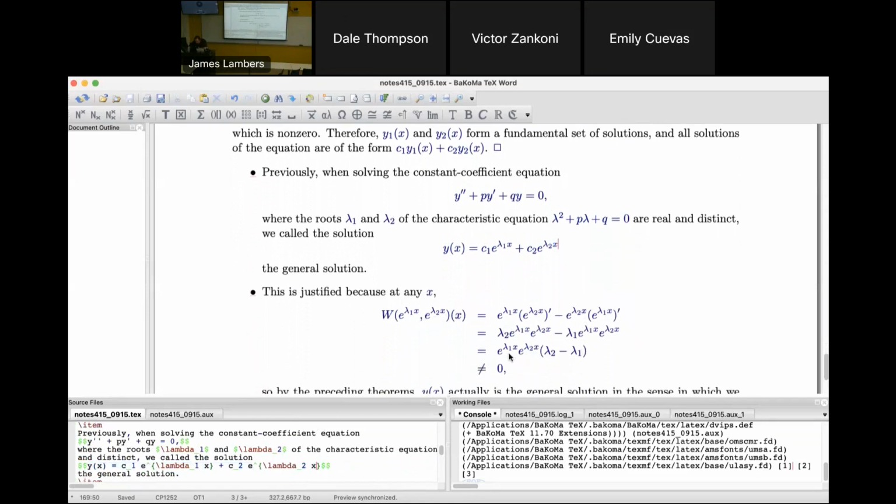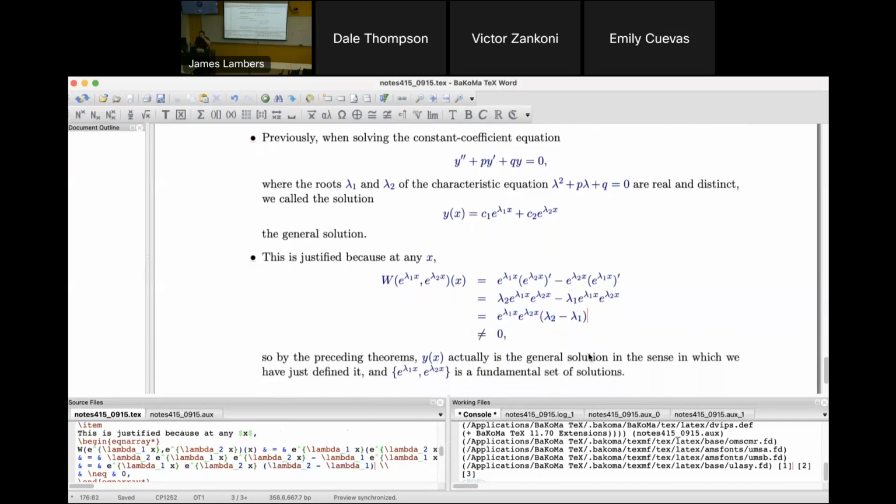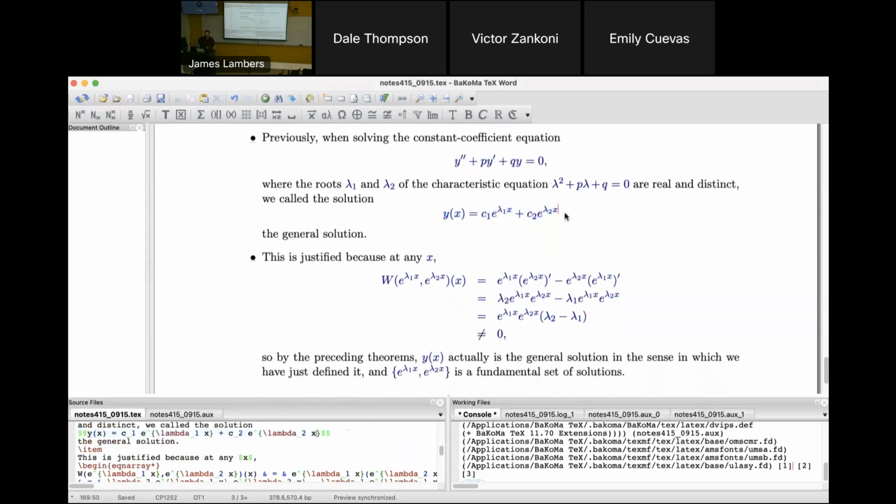What you end up with is a product of these exponentials. These are never 0, and if lambda 1 and lambda 2 are distinct, then this is non-zero also. So you're guaranteed a non-zero Wronskian. In that case, everything works out beautifully: e to the lambda 1 x and e to the lambda 2 x form a fundamental set of solutions, and this is your general solution. But that's in the case where the roots are distinct. What if they're not?